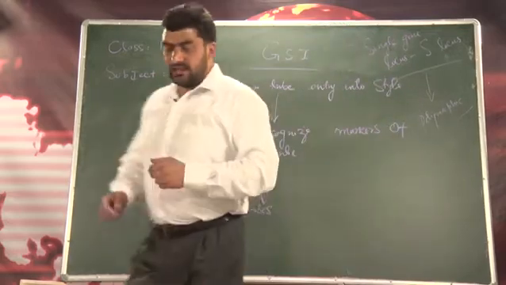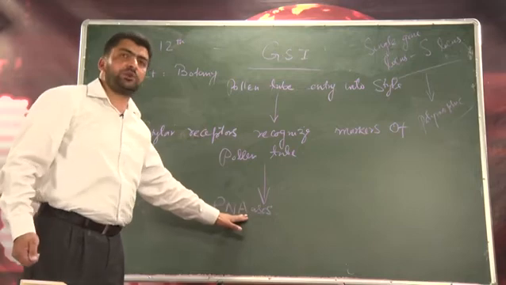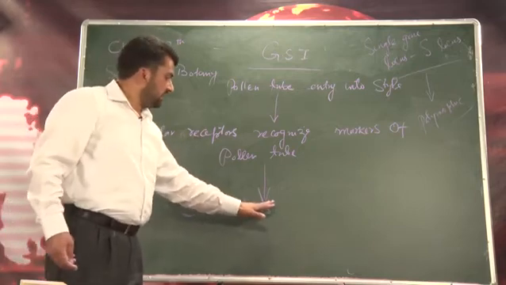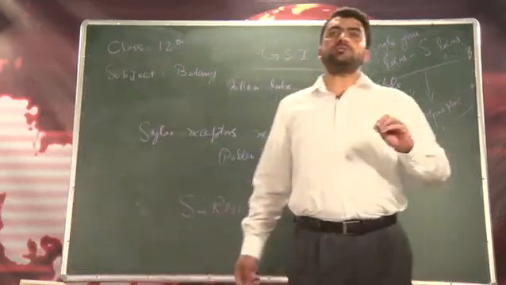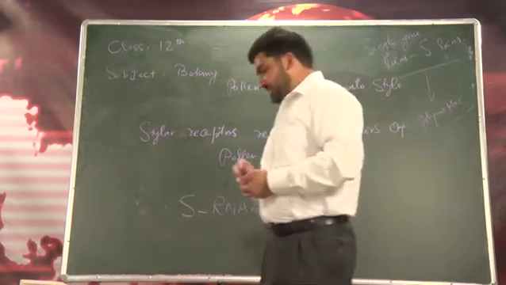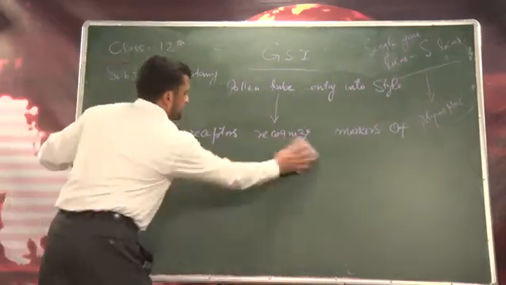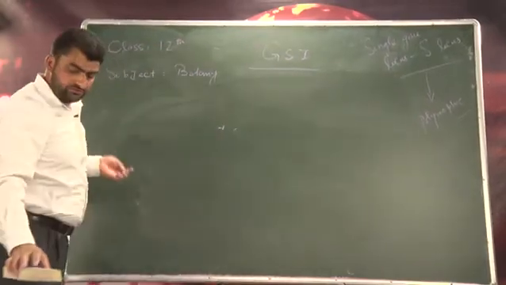Now, after this interaction and the subsequent production of the S RNases by the stylar canal cells, they move into the cytoplasm of the pollen tube, right.